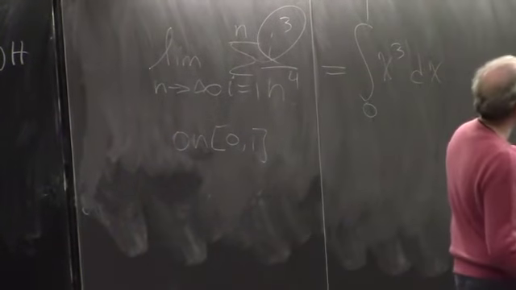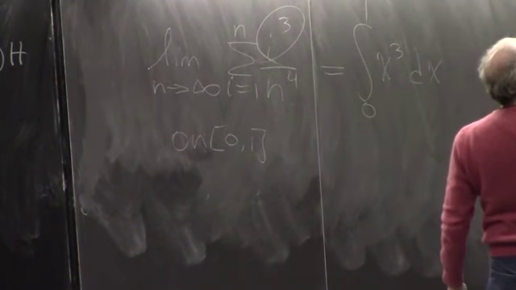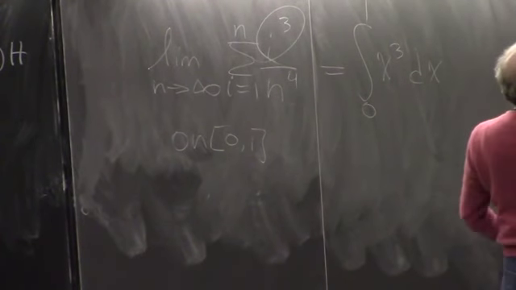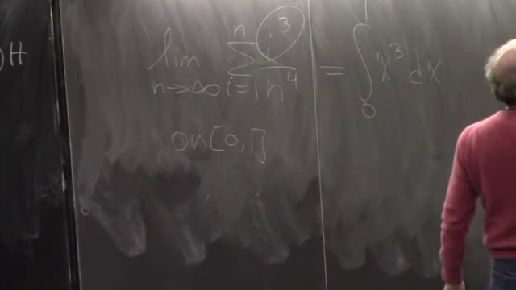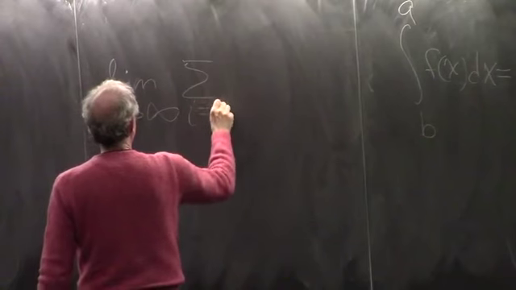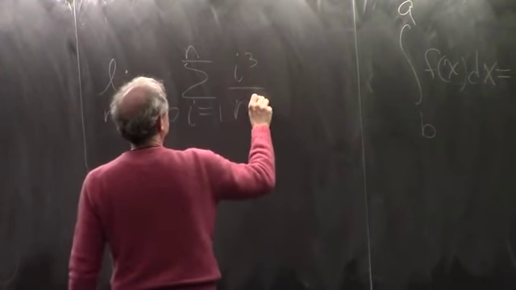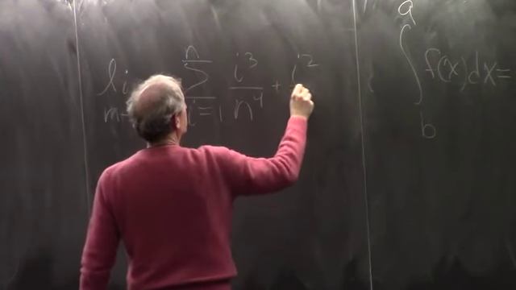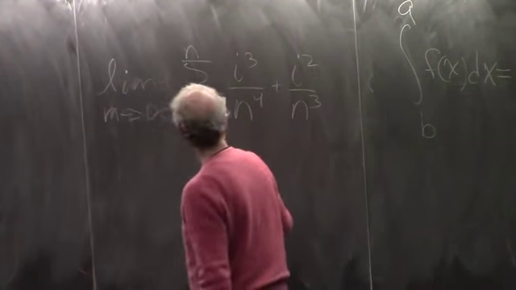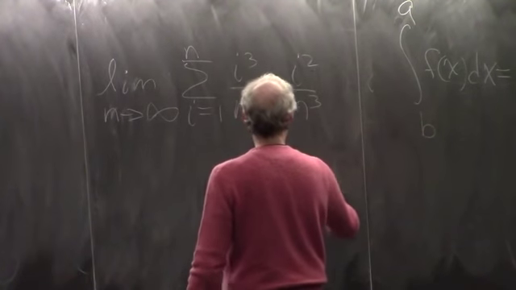Okay, so if I had that, it would be from 0 to 1, x cubed plus x squared.